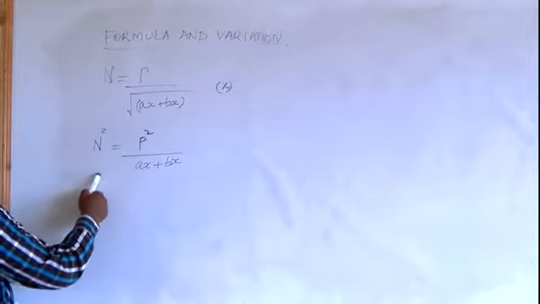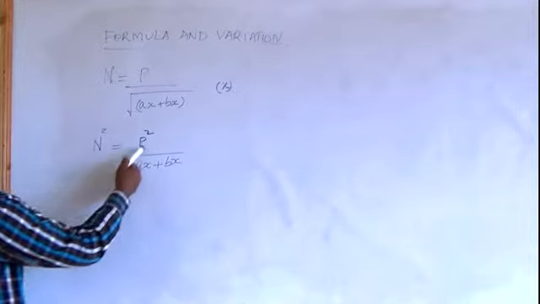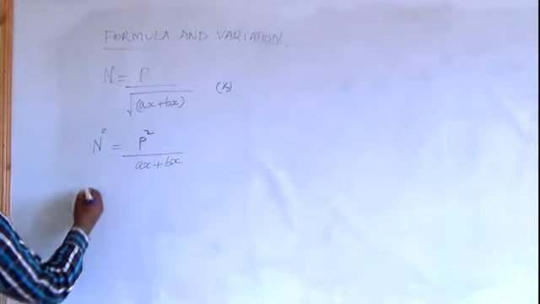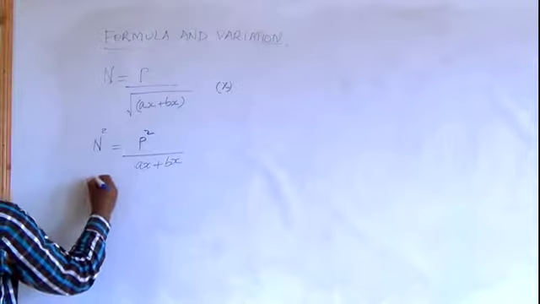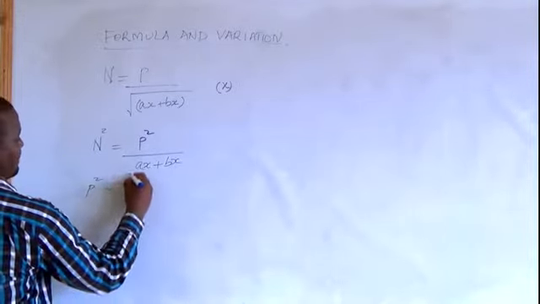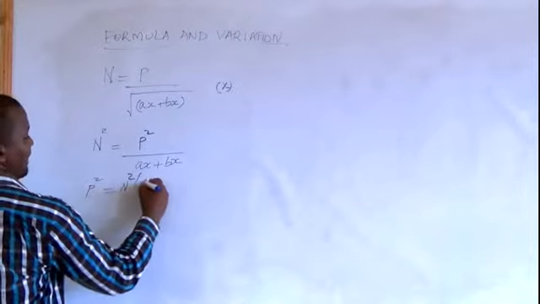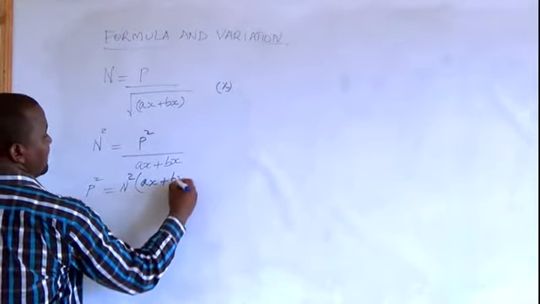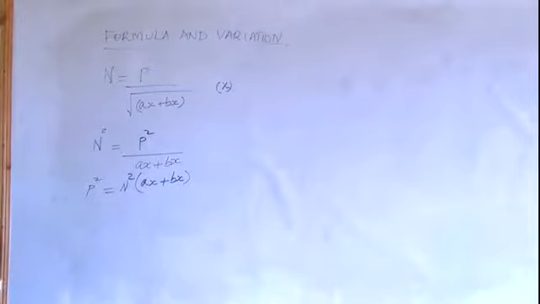Then we cross multiply. This is the same as over 1. So we cross multiply. We have p squared multiplied by 1, which will be given as p squared is equal to n squared multiplied by ax plus bx. That is the second step.